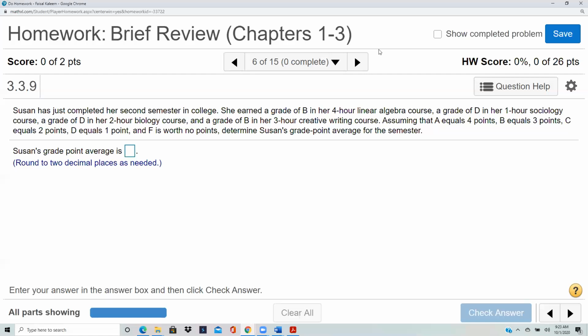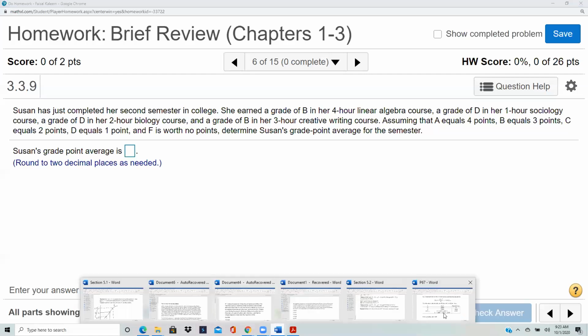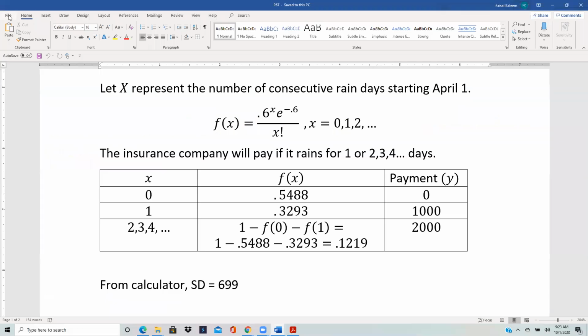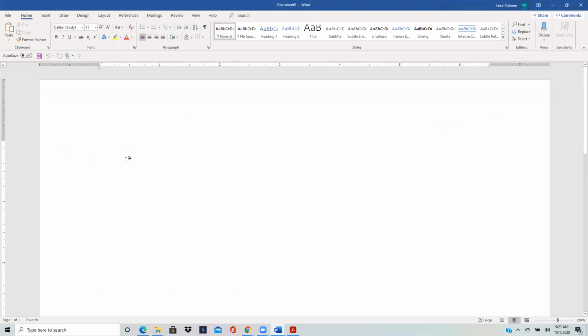And how many hours of B does she have? Looks like she has 3 here, but isn't it 4 here as well? Yeah. So 7? Yes. So B counts for 3, and there are 7 hours of B. So you would do 3 times 7.